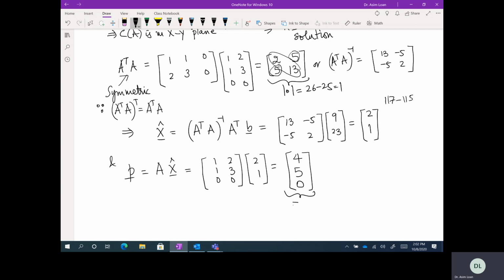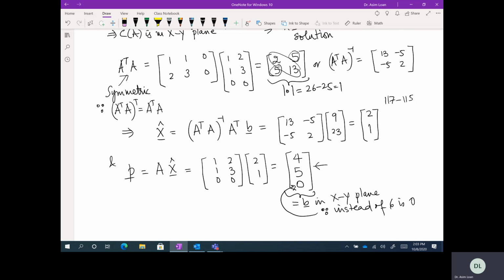So this is actually B in the xy plane. Why? Because this element instead of 6 is 0, and obviously this is the closest point.